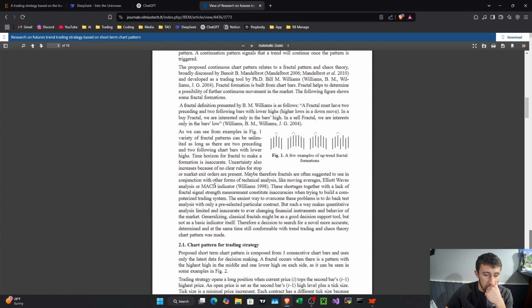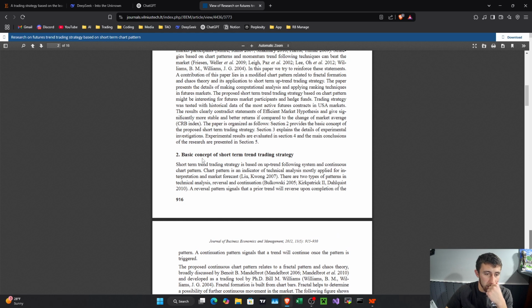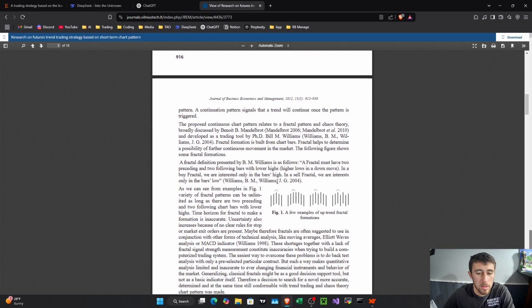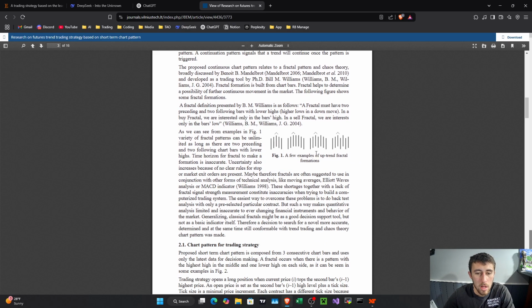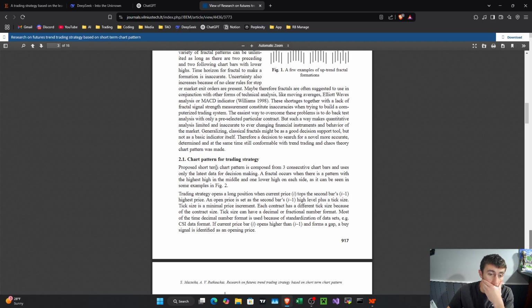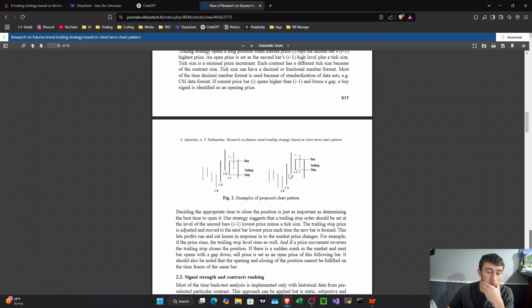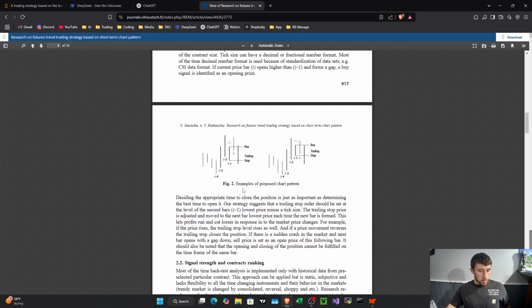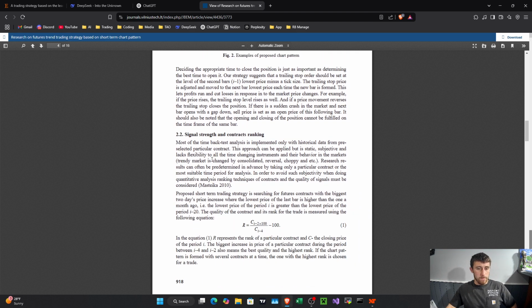So here, I'm pretty sure it does have it, because I was reading through it a little bit, just skimming it, and it did talk about it. So here we have fractals, which is basically just a fancy name for a pivot, a high, a peak, whatever you want to call it. So the proposed chart pattern basically looks like this.